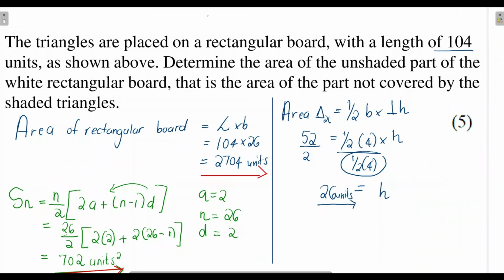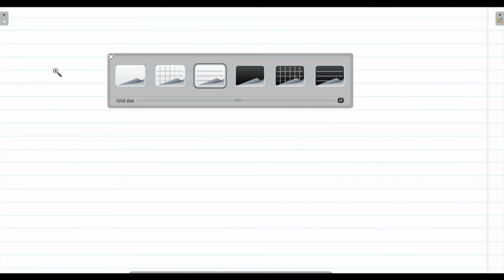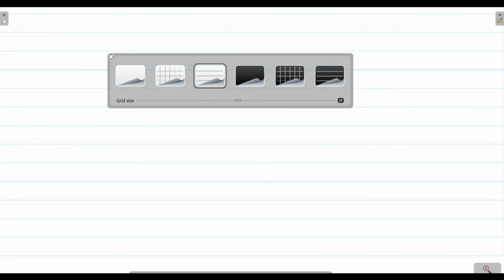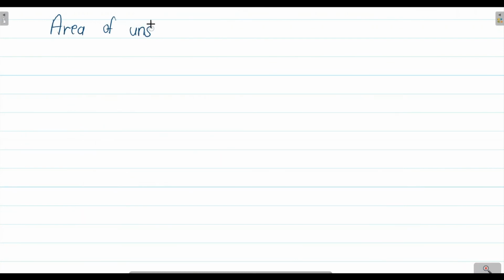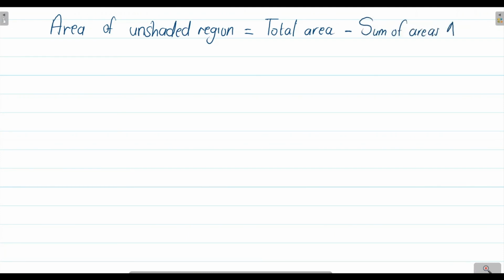From here, to get the area of the unshaded part, what do we do? To get the area of the unshaded region, we take the total area of the board minus the sum of the areas of the triangles.